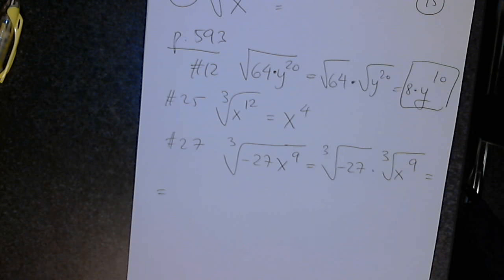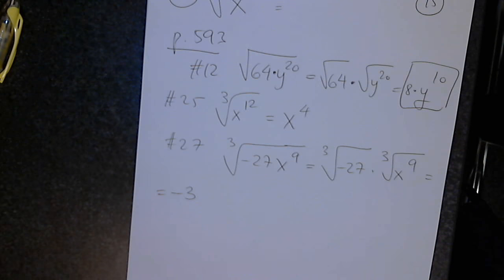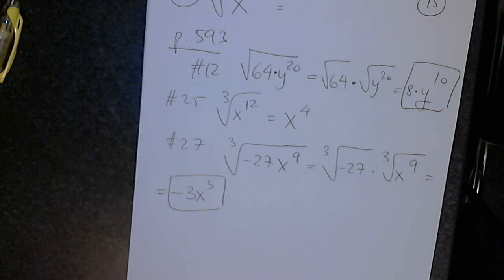Like 3 to the third or something. Right, but it's negative. 3 to the third is positive 27, right? Very good. And then the cube root of x to the 9th is x to the third. So this is the simplified form. Very good. Okay.